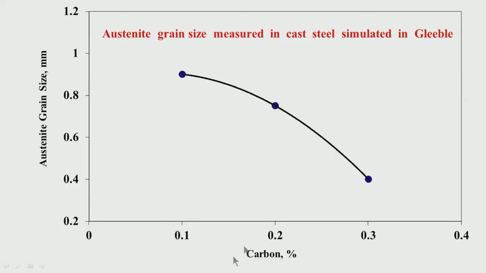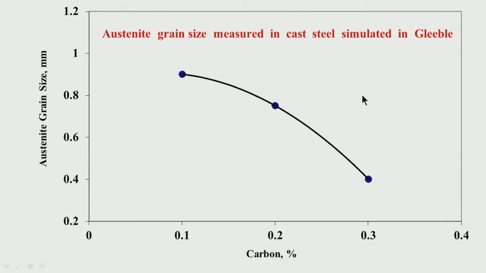So, we have found that for 0.1% carbon, as I had told you, this is the so called peritectic chemistry, we have a relatively larger grain size, around say 0.9 millimeter, which is quite big. And when we come to say 0.3% carbon, you see it is relatively less, 0.4, so it is more than double.